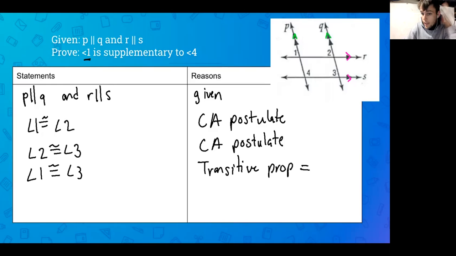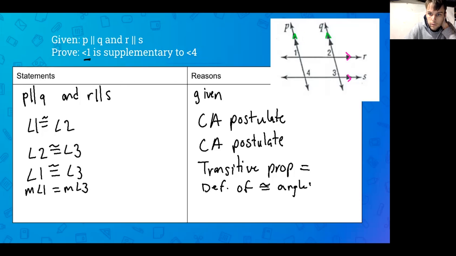When we have congruent angles, by the definition of congruent angles, that means these measurements are going to be equal. That's the definition of congruent angles. And then I want to use that to make a substitution here. Looking at this picture, I can see that angle 3 and 4 are same side interior angles.